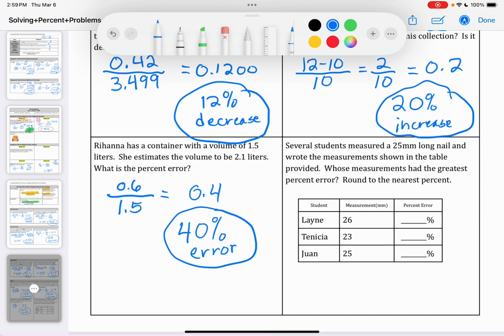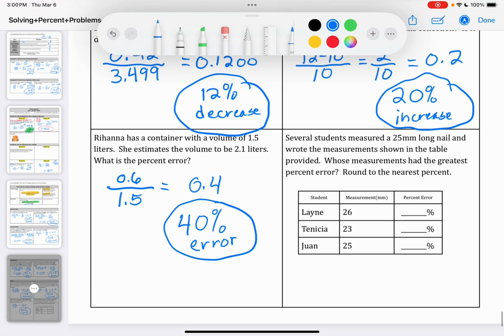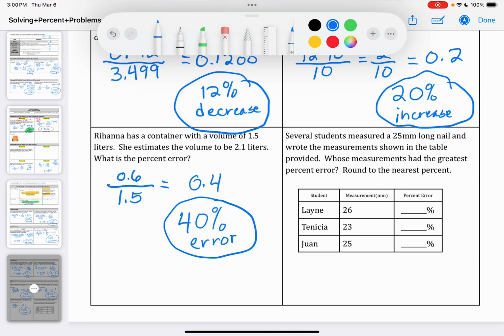All right, several students measured a 25 millimeter long nail and wrote the measurements in the table provided. Whose measurements had the greatest percent error? Round to the nearest percent. All right, so the difference is we start at 25. So Lane has a difference of 1 out of 25. Tanisha had 25 minus 2, 23, is 2 out of 25.